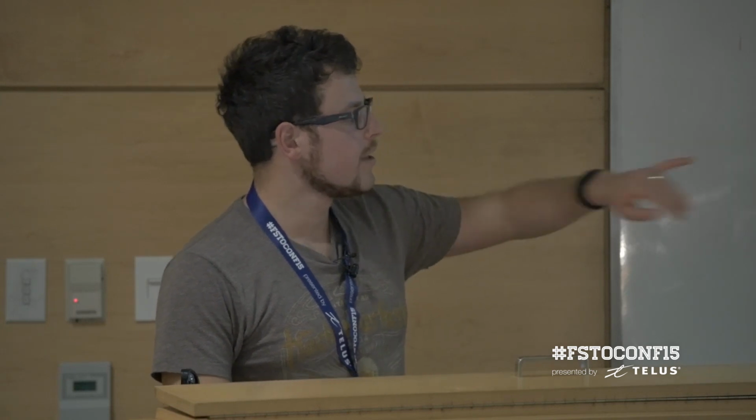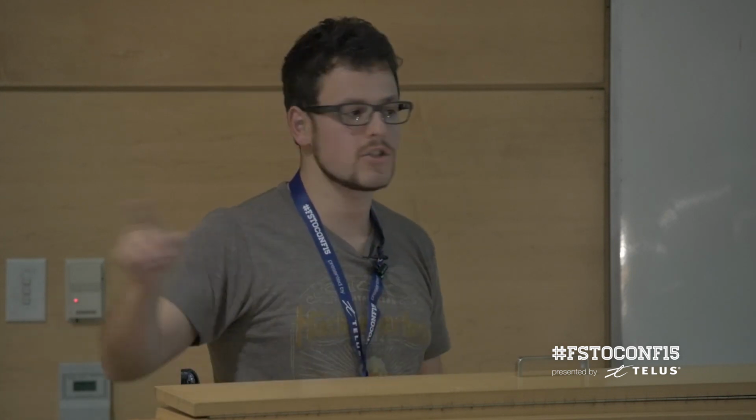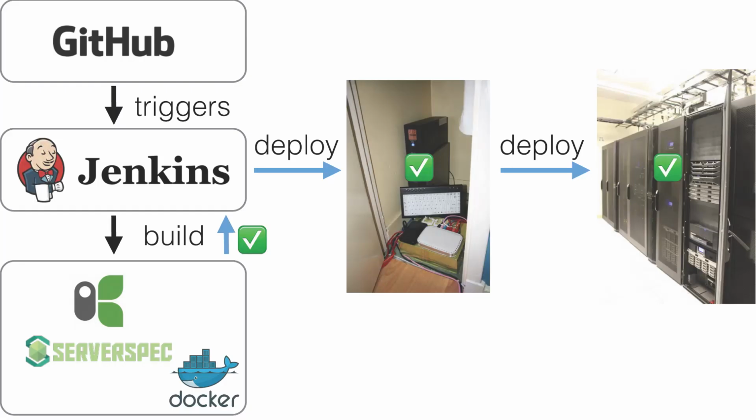I found out later that ServerSpec has an SSH driver, and you can actually tell it, go and SSH into these systems in dev, go and SSH into these systems in prod, and run my tests there. So that workflow might look something like this, right? You have a successful build, which triggers a deployment, which runs your configuration management system, which completes.